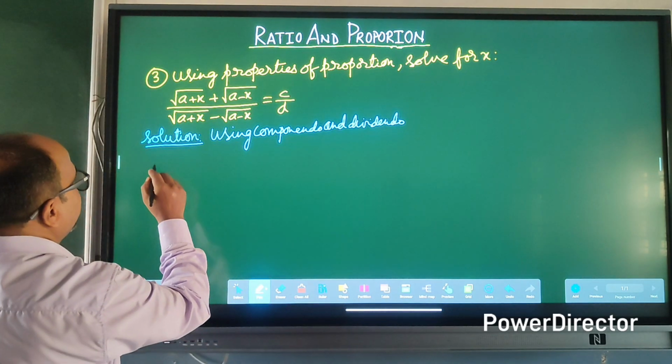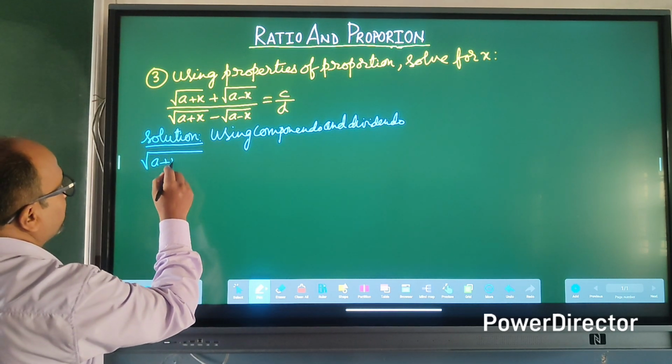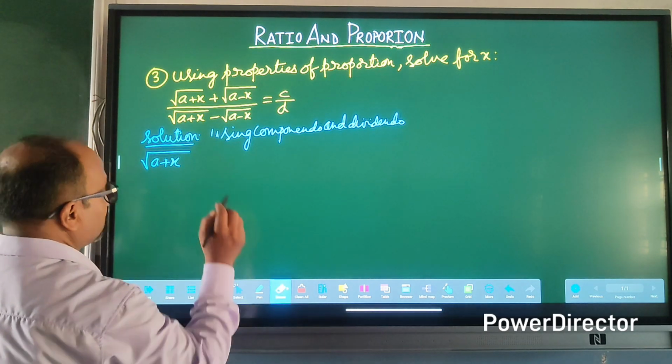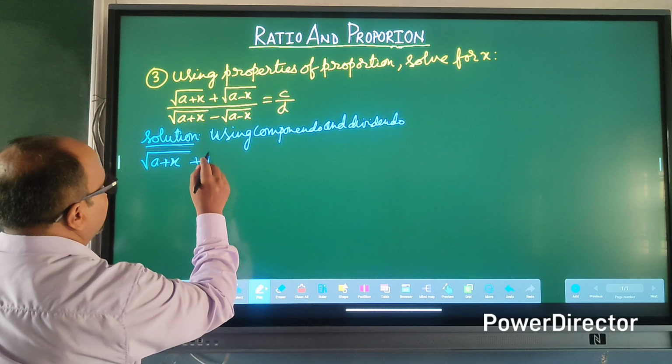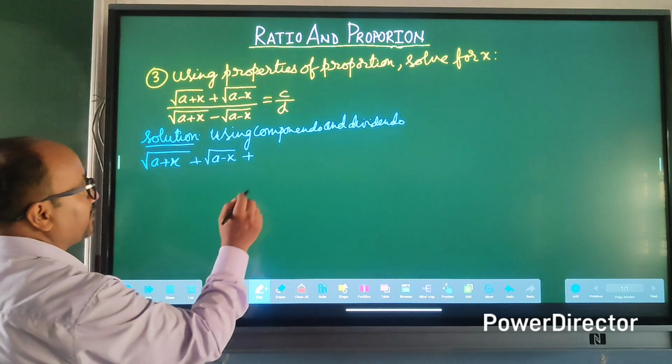So what do we get here? We write under root of a plus x plus under root of a minus x, that is the numerator written.